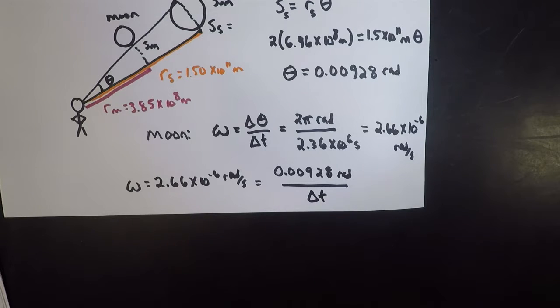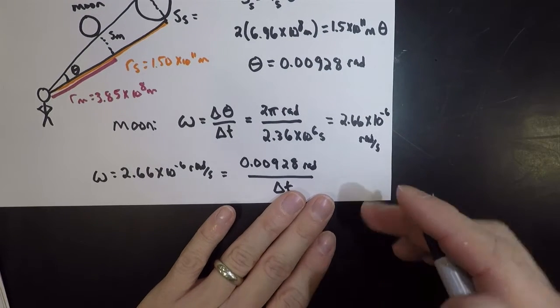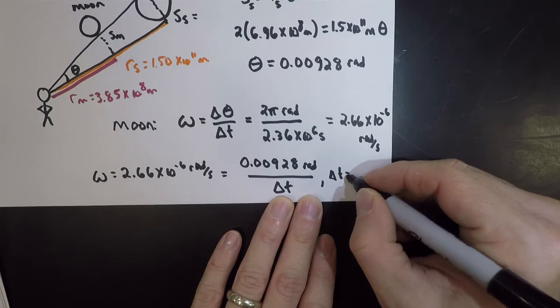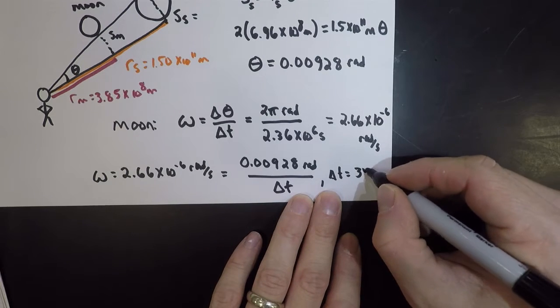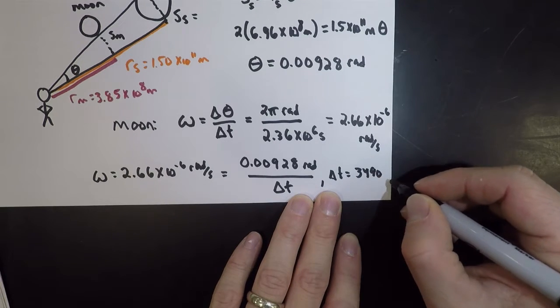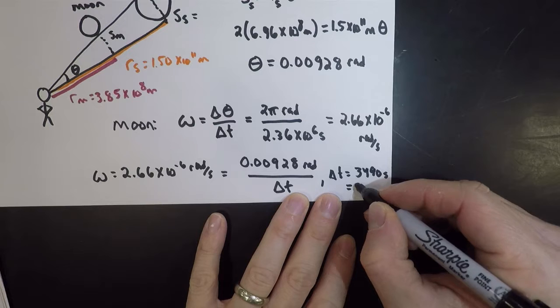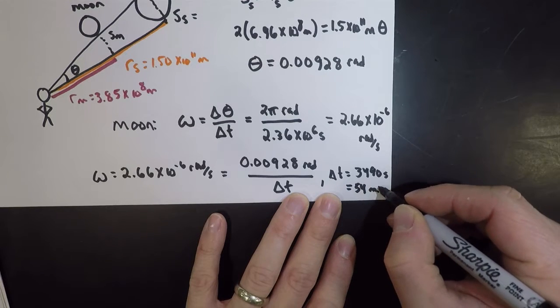So that leaves delta t as my unknown variable. We can figure out how long it's going to take for this to occur. And if I use my calculator to solve for this, delta t is equal to 3,490 seconds. So almost 3,500 seconds, which comes out to be 54 minutes.